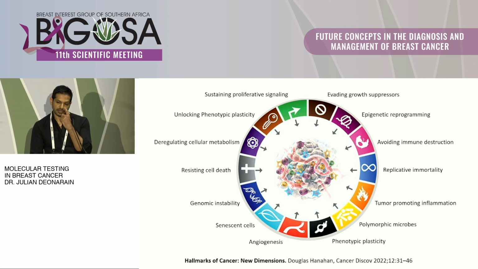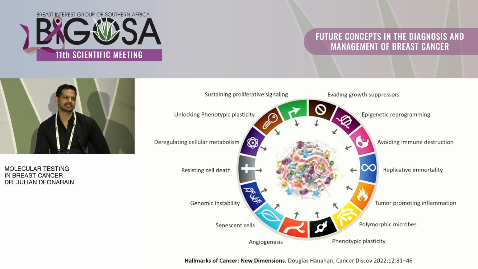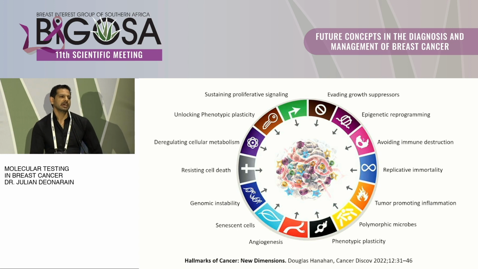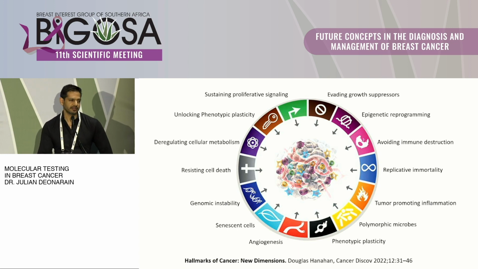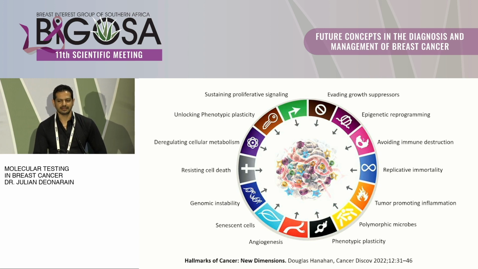One of the newer added concepts to the hallmarks of cancer is that of polymorphic microbes, which are still being researched. So this is the interactions between gut flora and microbes that are associated on the surface of our cells with the actual tumor cells and how they stimulate a form of inflammatory response which is synergistic to the growth of these cells.